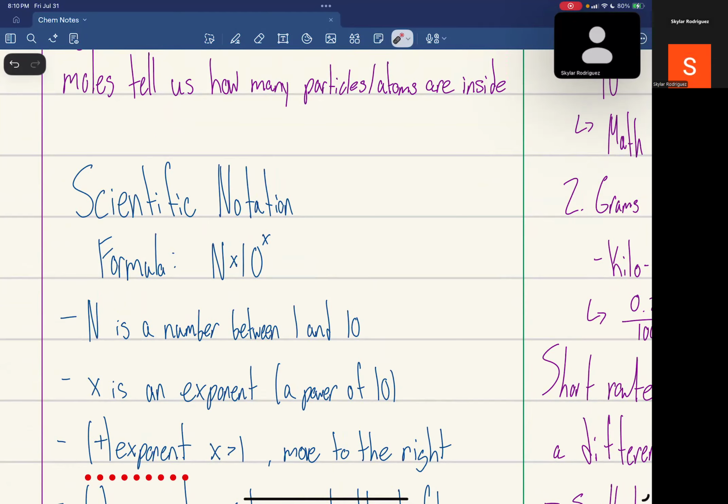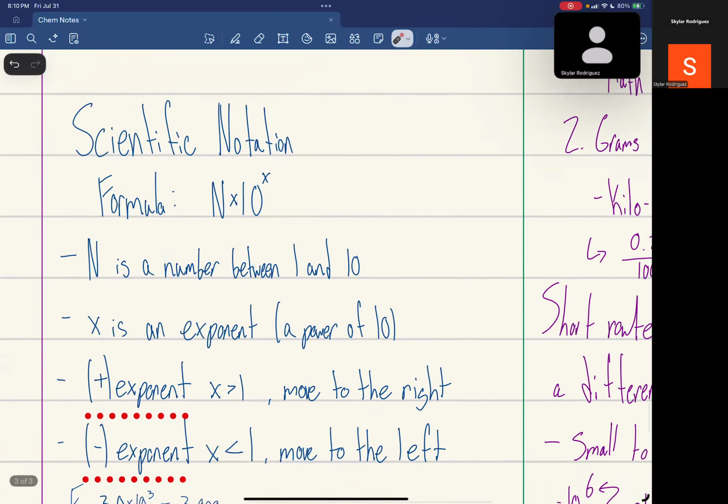Writing down the number of zeros takes forever and leads to mistakes. Scientific notation solves this by condensing numbers into a simple format: N times 10 to the power of X. N is a number between 1 and 10. X is the exponent, a power of 10.